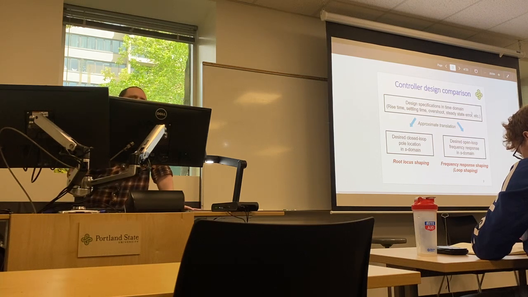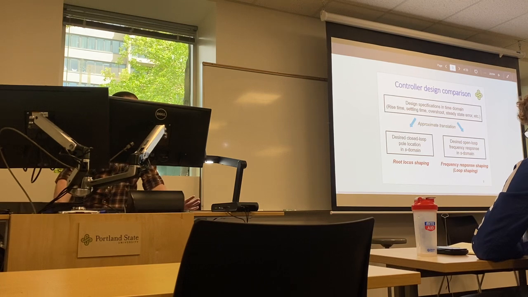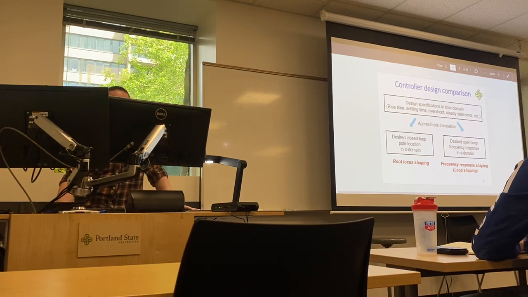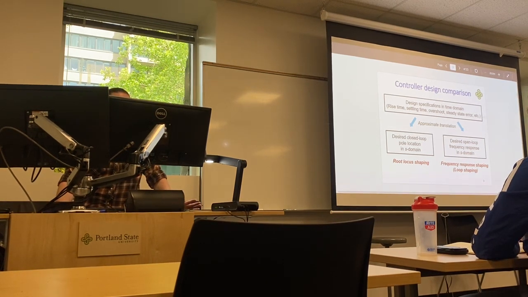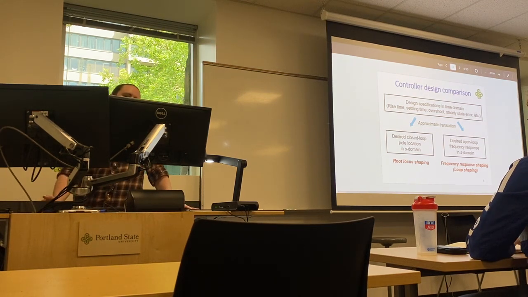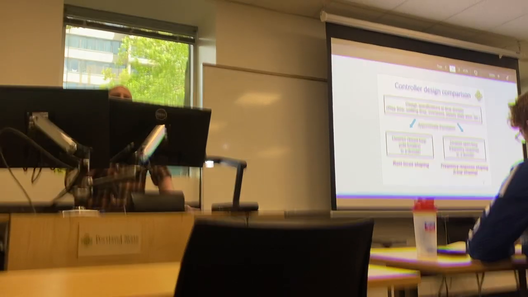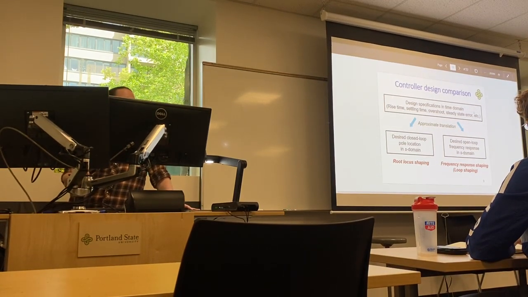Getting back to this though, controller design comparison. So our design specifications in the time domain, we have things like the rise time, settling time, overshoot, steady state error, etc. We've covered most of that except for steady state error. But I hope at least from the labs you've taken at this point, you recognize what steady state error is.